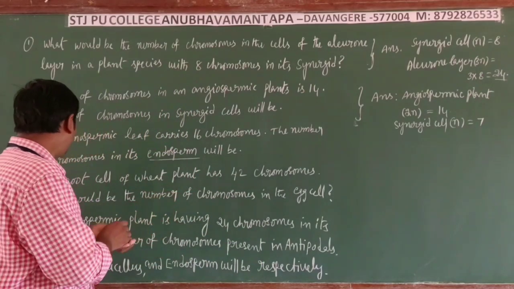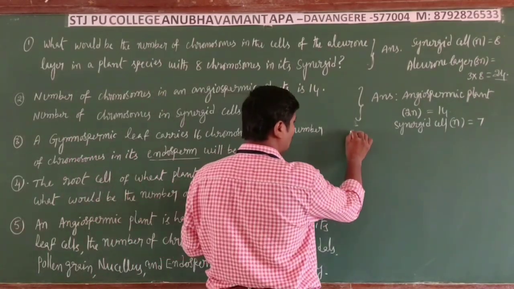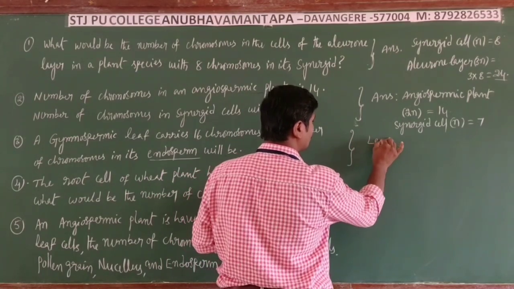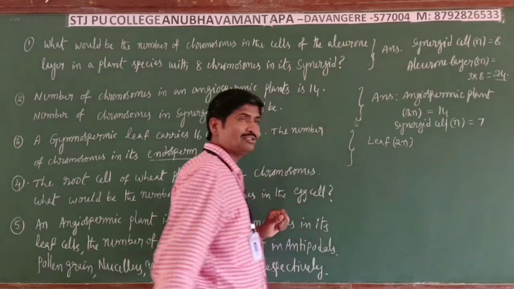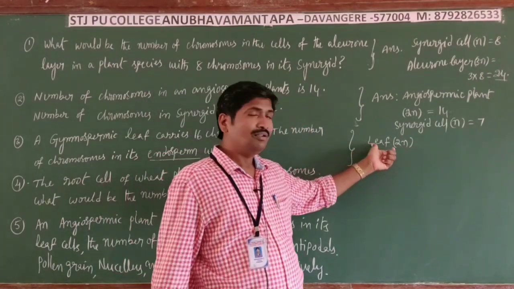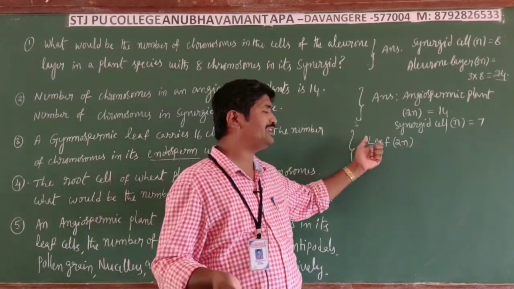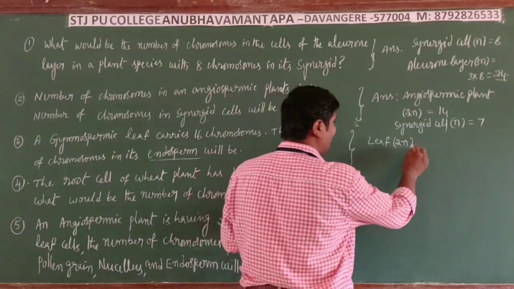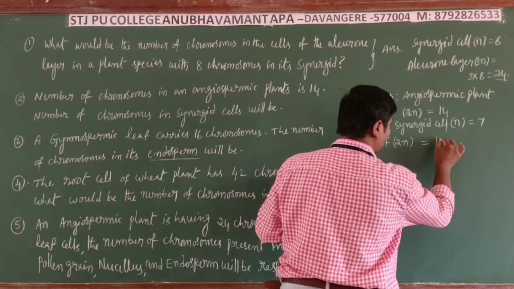So the gymnospermic leaf carries a total of how many chromosomes? The leaf is a vegetative part, a part of the sporophyte, that is leaf, root and stem. These are the parts of the sporophyte. The leaf is 2n, a total of 16 chromosomes.